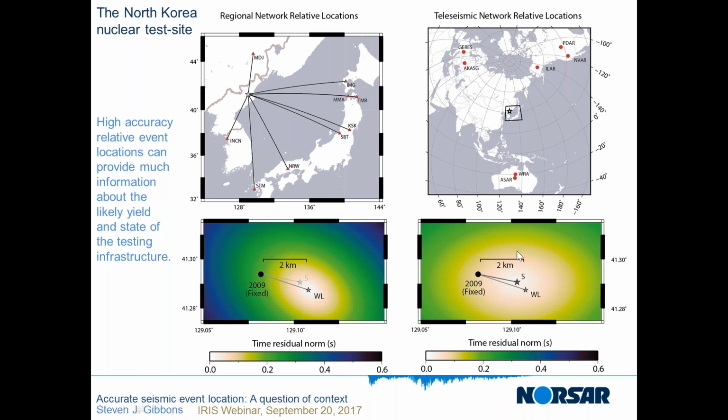Isn't it good enough? But as the tests continued in 2013 and January 2016, the pattern was absolutely consistent every single time: if you used stations in Japan or South Korea or China, you would get a much longer distance than if you used a teleseismic network. And so I wanted to get to the bottom of it.